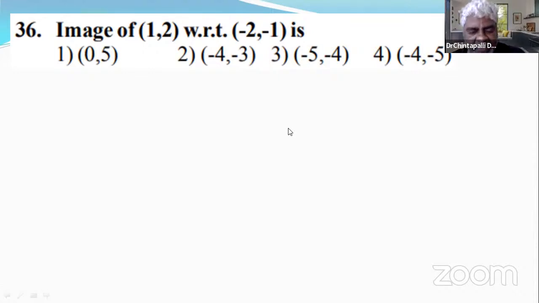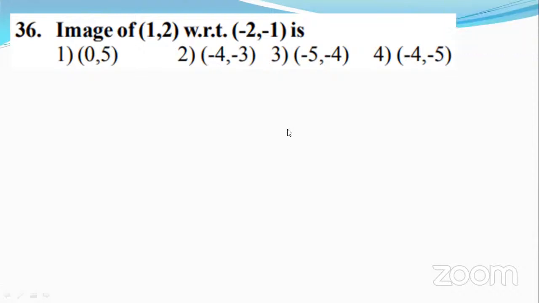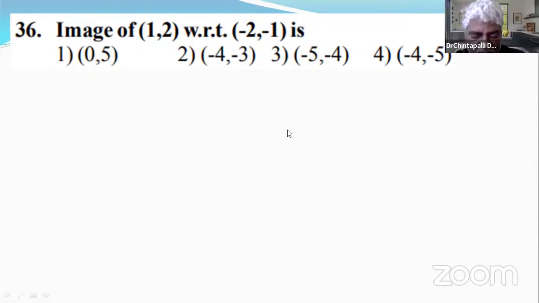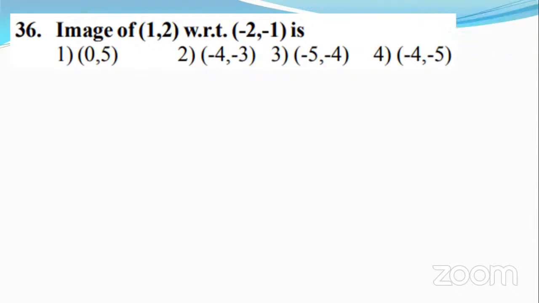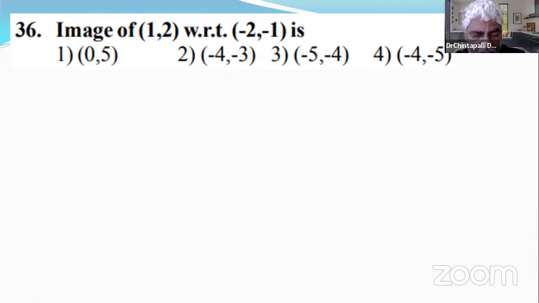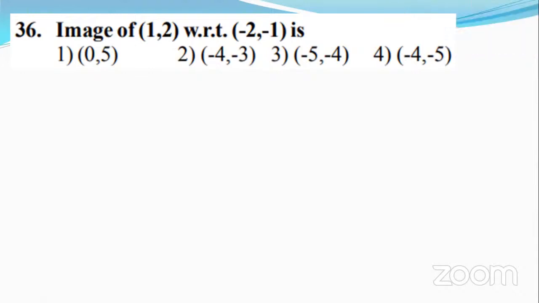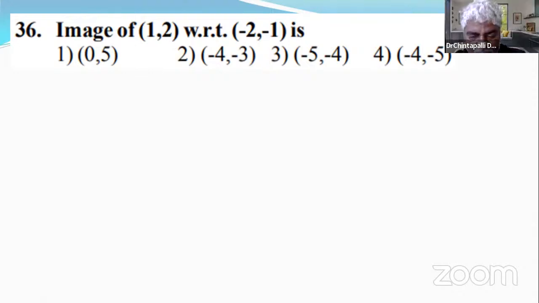See, what is our basic idea to solve this sum? Previously, we saw image with respect to a line. Now it is image with respect to a point. A point can act like a mirror.